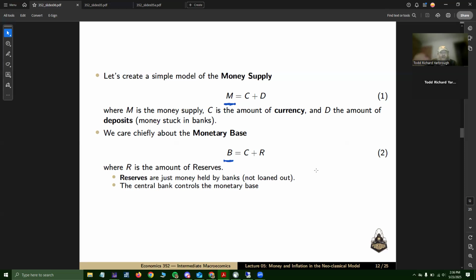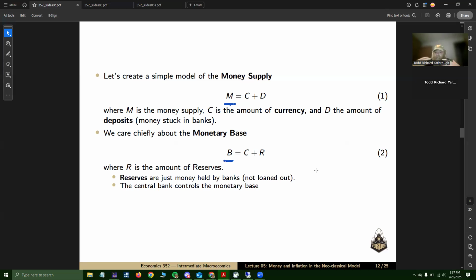Monetary base is currency plus reserves. Reserves is deposits that the bank is not loaning out. So it's money that has been put into the bank, and the bank is keeping that money and not loaning it out. That explains a little bit of the difference between deposits and reserves.